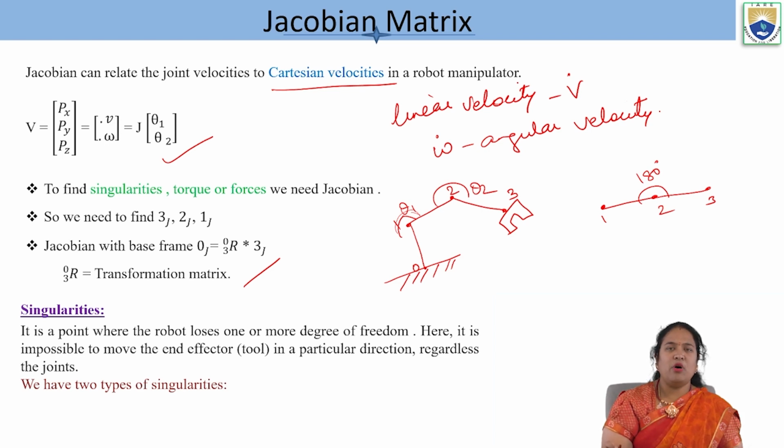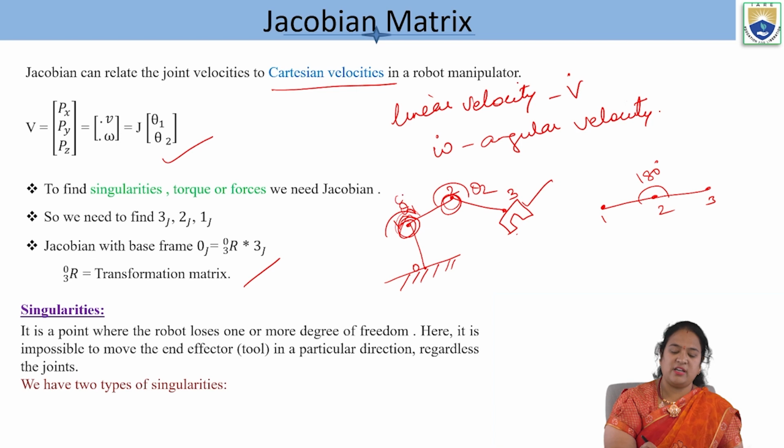Here, it is impossible to move the end effector in a particular direction regardless of the joints. That is, we cannot move the end effector from one position to another without the help of the joints. So when a point loses its degree of freedom, it is known as a singularity.